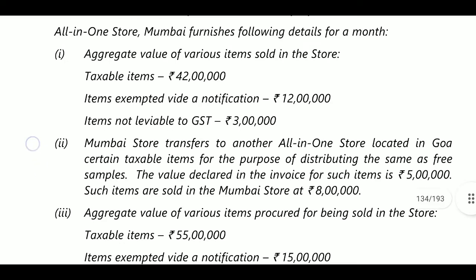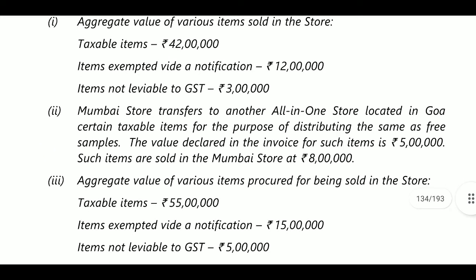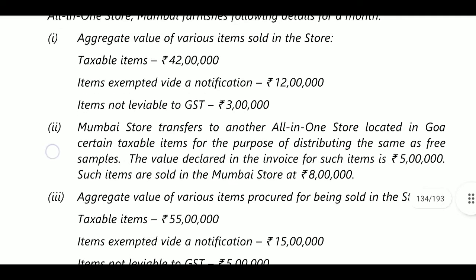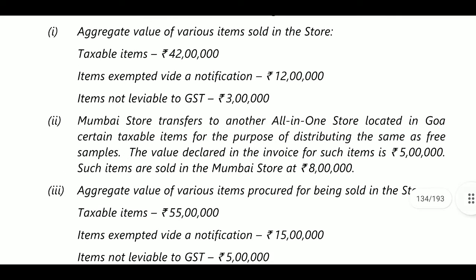Next, the Mumbai store transfers to another all-in-one store located in Goa certain taxable items for the purpose of distributing the same as free samples. The value declared in the invoice of such items is 5 lakhs. Such items are sold in the Mumbai store at 8 lakhs. So there is some value which is sold by another store, which is not included in our turnover.